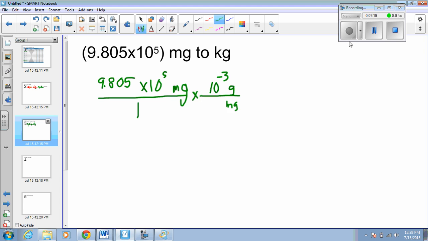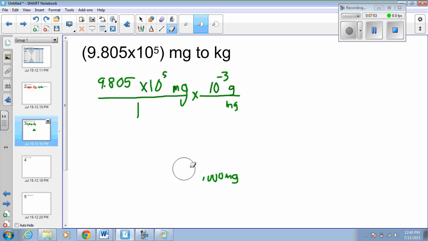Real quick, I know a lot of you are probably saying, can't I just do it with grams, since there's 1,000 milligrams in a gram? Well, yes, you can, but I'm going to show you how simple it can be with scientific notation. You're free to go ahead with this route, but I'm going to show you a simpler way, in my opinion.